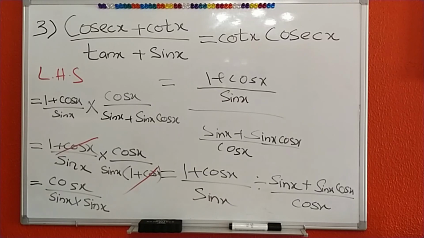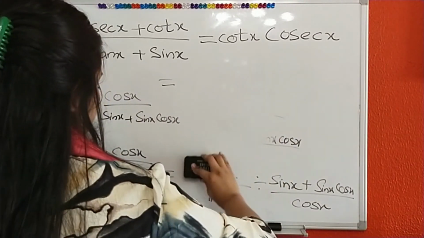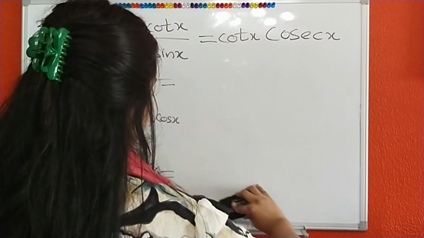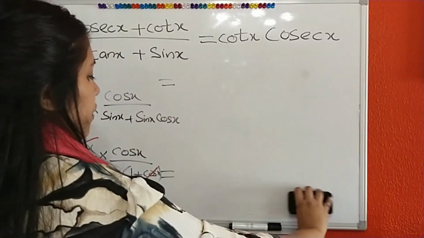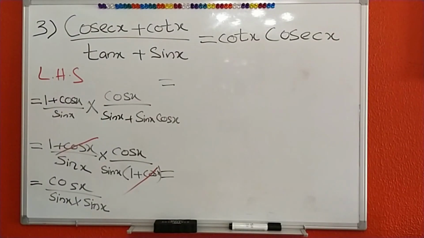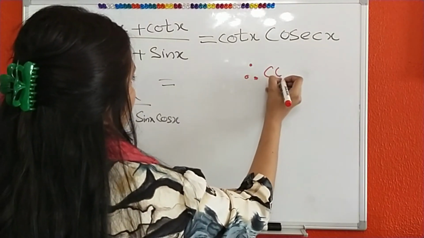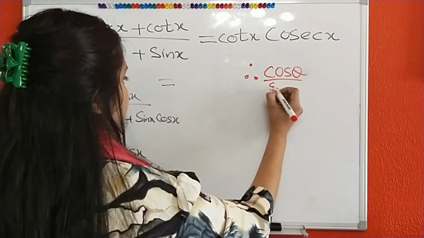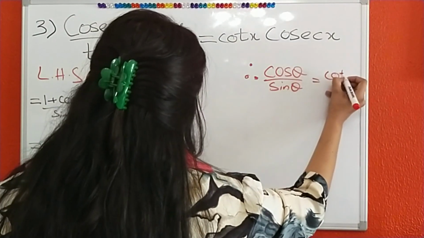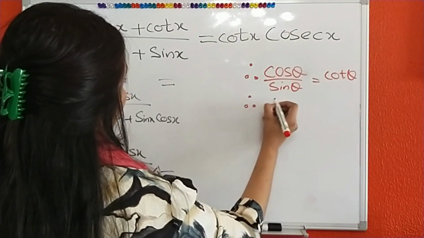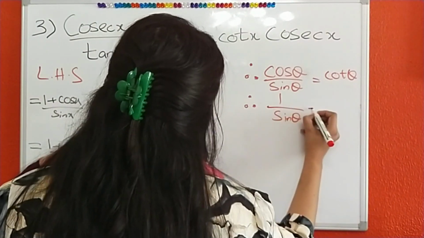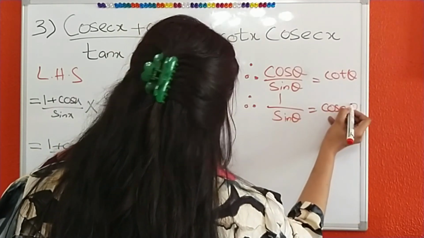Because now I'm going to the last step, I'm erasing this part. If you want to copy down these parts, you can stop my video while watching. Before doing the last step, I am writing the identities. As we know, cos theta over sin theta is equal to cot theta, and we also know that 1 over sin theta is equal to cosec theta.